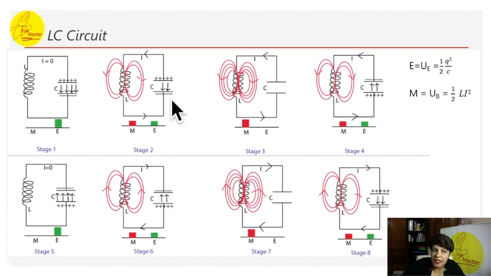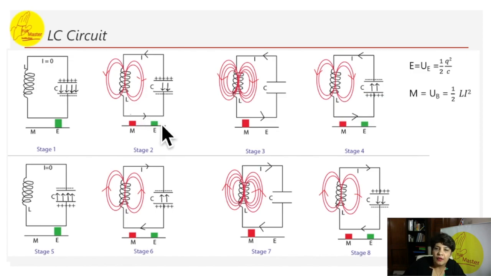So the capacitor is discharging its energy through the inductor, causing a current I. As current I increases, it builds up a magnetic field around the inductor. A part of the electrical energy of the capacitor gets stored in the inductor in the form of magnetic energy.